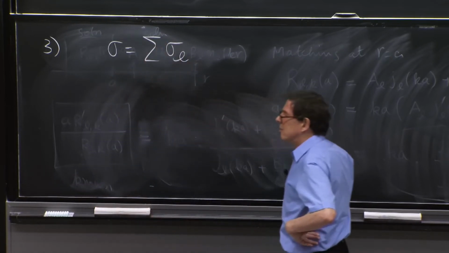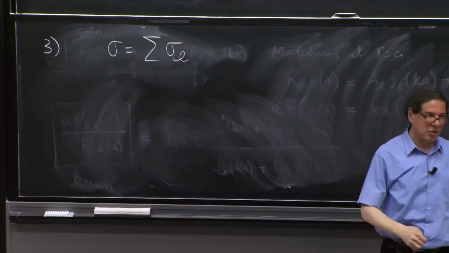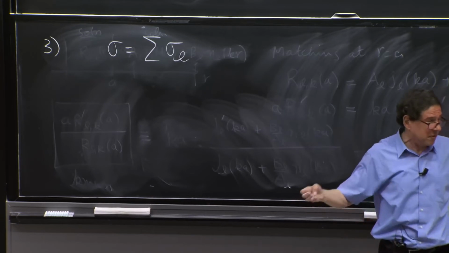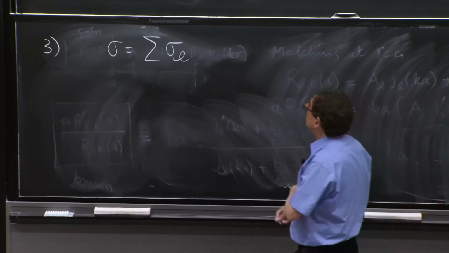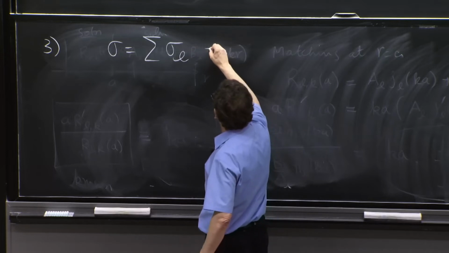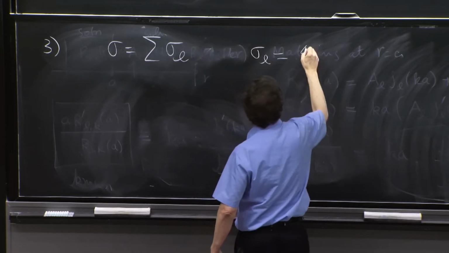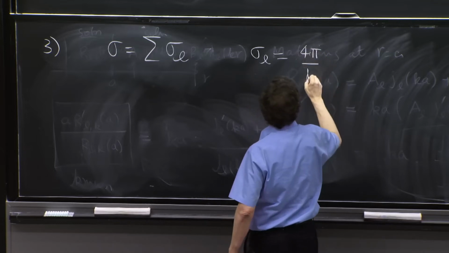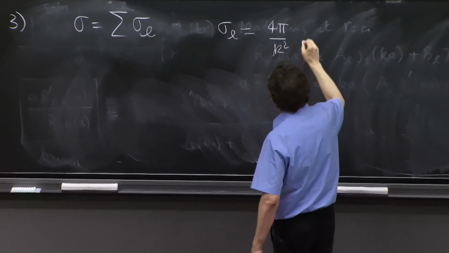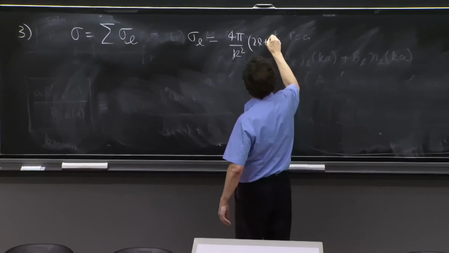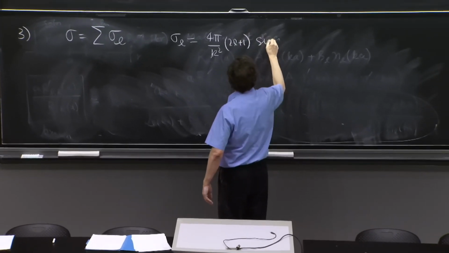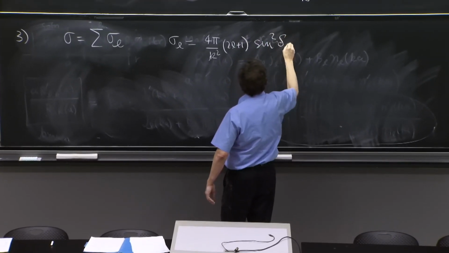And that's a nice notation. This is the sigma associated with each partial wave. And the sigma_L is equal to 4 pi over k squared, times 2L plus 1, times sine squared of delta_L.